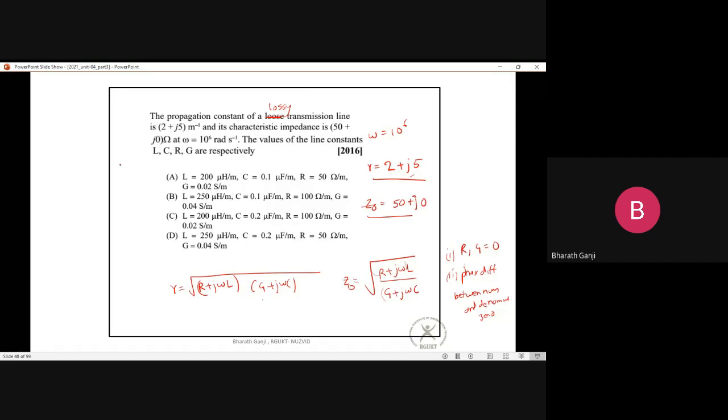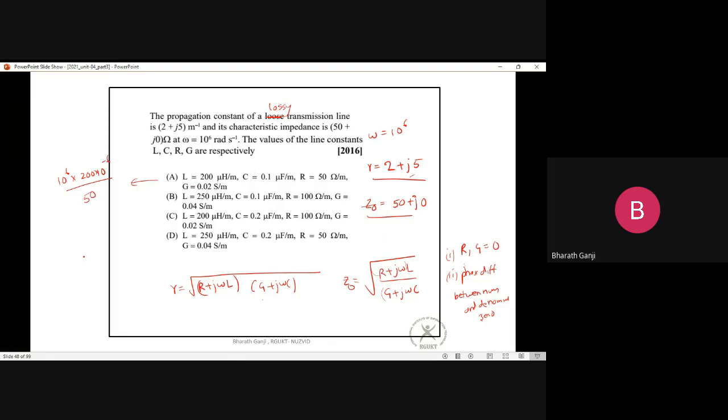Okay, I can go for the first one. In the first question, omega L by R is the phase for the numerator. So omega is 10 to the power of 6, L is here 200 into mu, and mu means micro, so 10 to the power of minus 6, divided by R, which is 50.